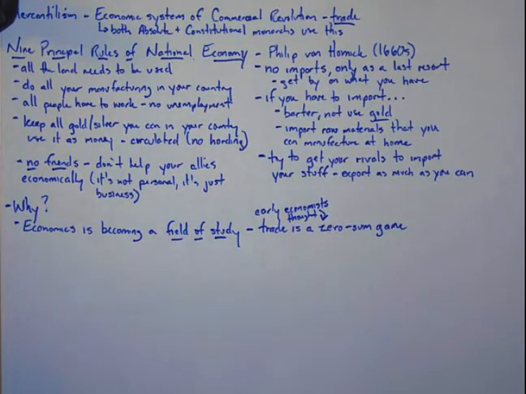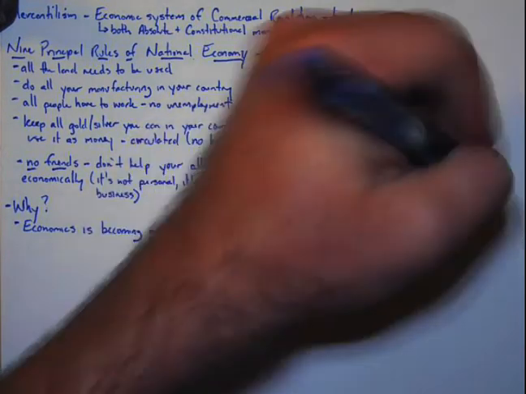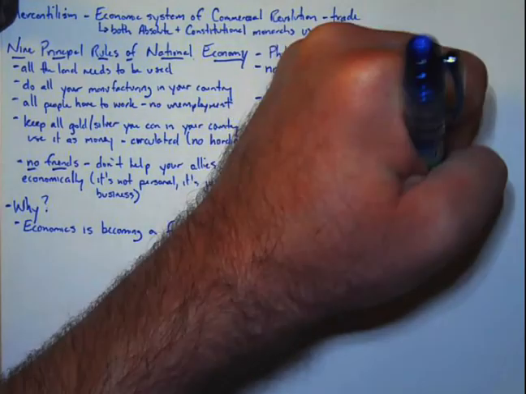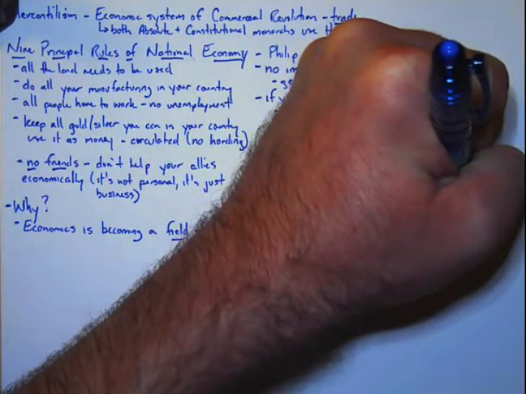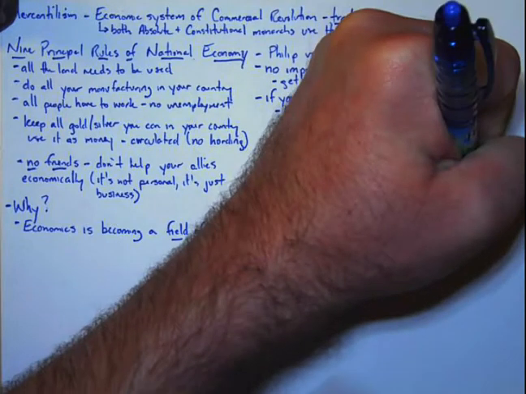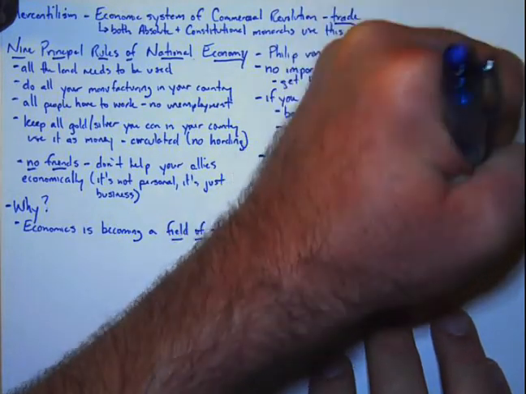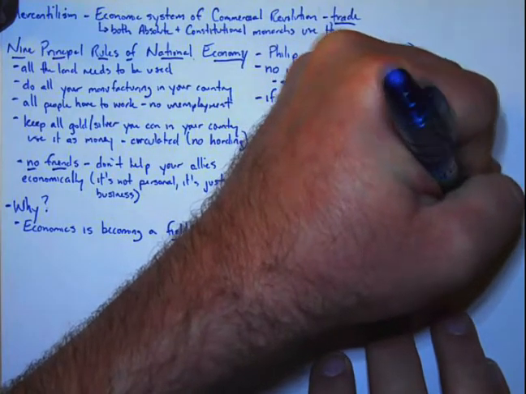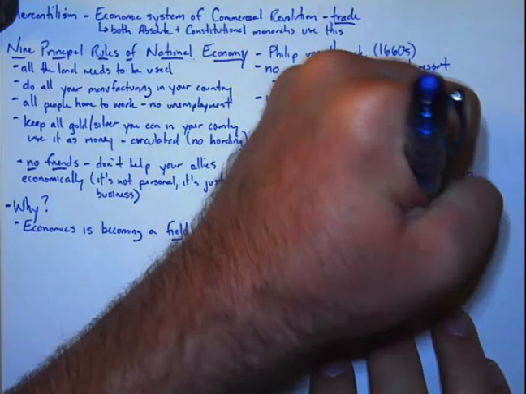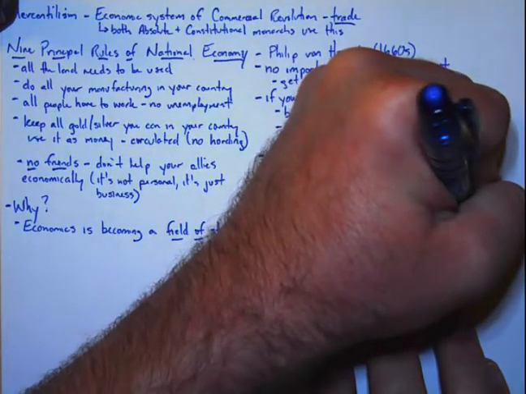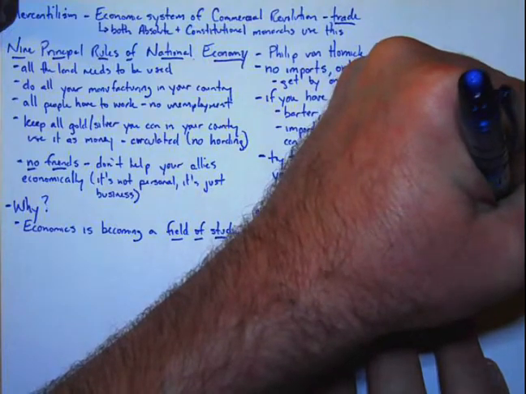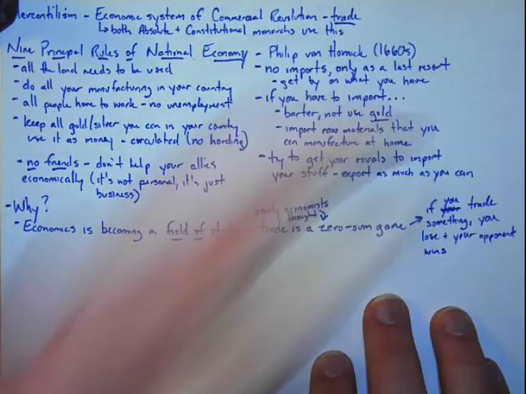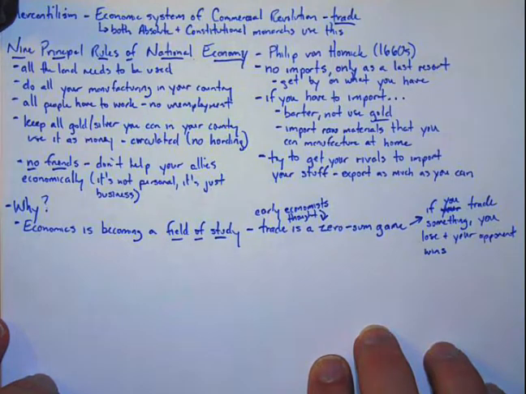But early economists said this. A zero-sum game is one in which, if you trade something, you lose, and your opponent wins. That's what a zero-sum game is. If you win, your opponent loses.